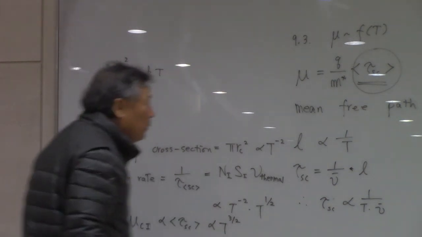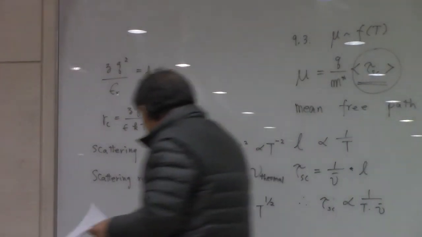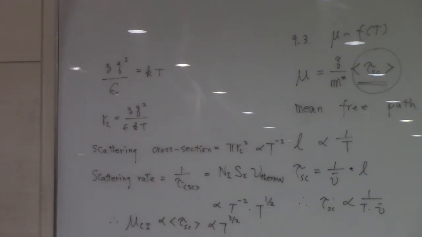Okay, and then you can distinguish that in the acoustic wave scattering case, T to the minus 3/2, and then in the charged impurity case, T to the positive 3/2.